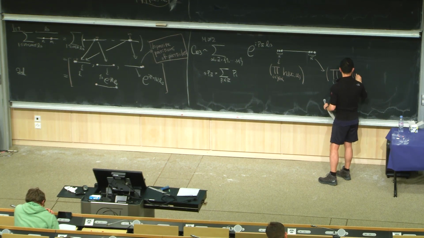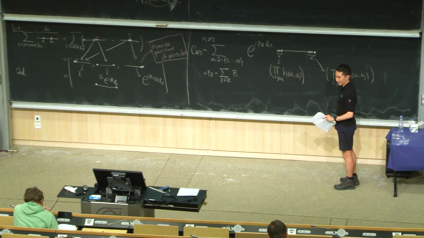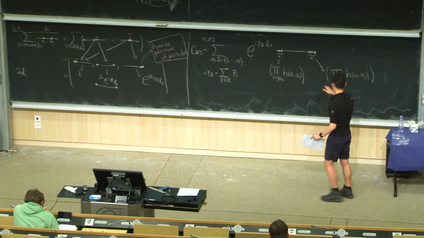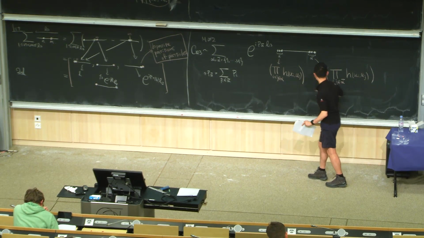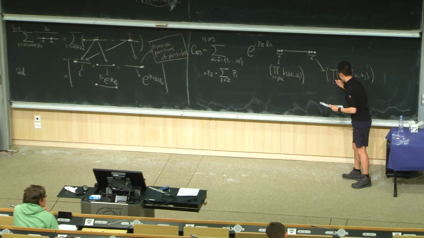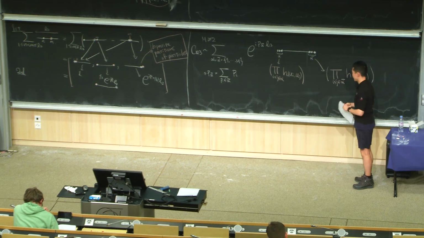So again, somewhat surprisingly, you only have h(u_i, u_j), which is something like a two-particle interaction. And you just multiply this object with this object. Sorry, i and j must be different, so I need to put an inequality here.